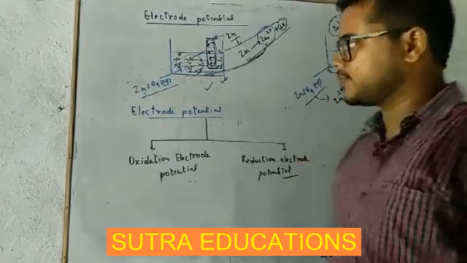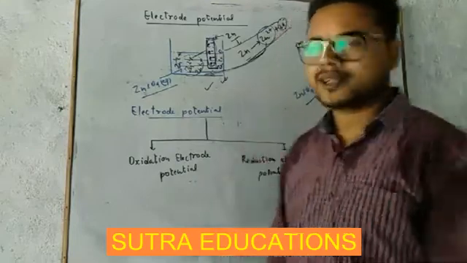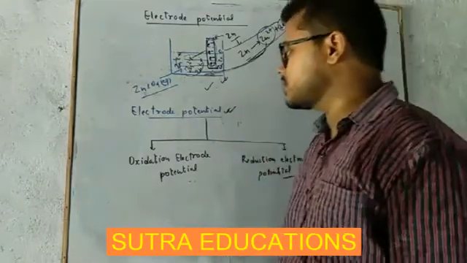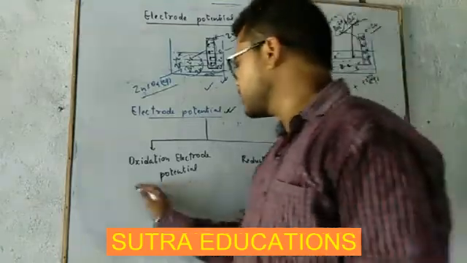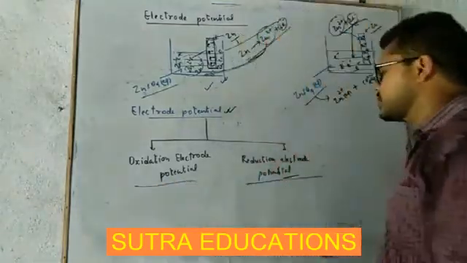Getting this? Electrode potential, I told you what it is. Then further, electrode potential is of 2 types: one is oxidation electrode potential and the other is reduction electrode potential.